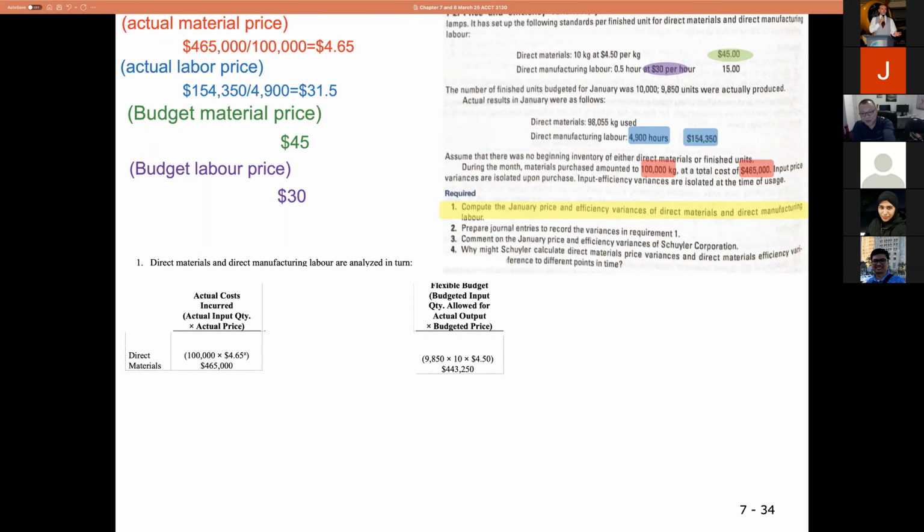In this situation, they were talking about the input price variance being isolated upon purchase. The input efficiency variance is isolated at the time of usage, right? So when you are dealing with materials, you have to be careful, because purchase and usage are not the same, right?